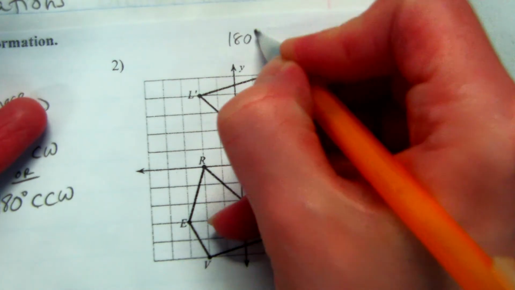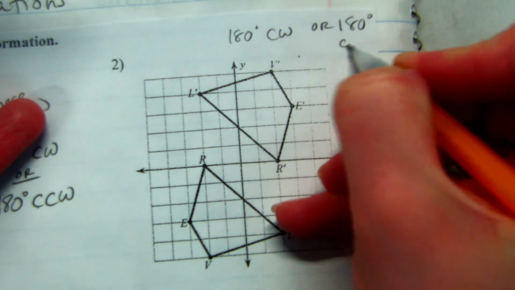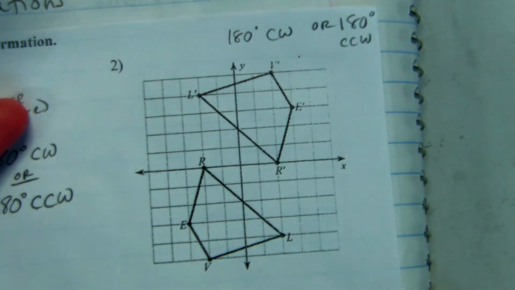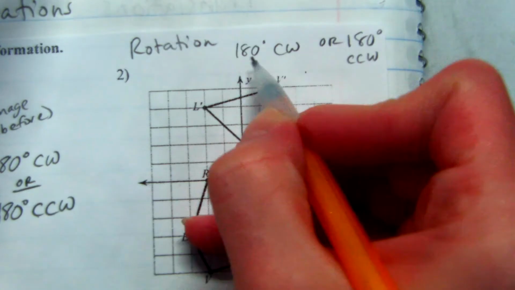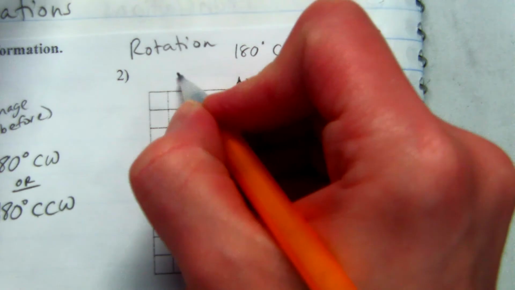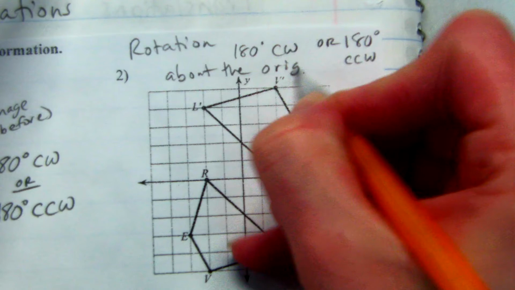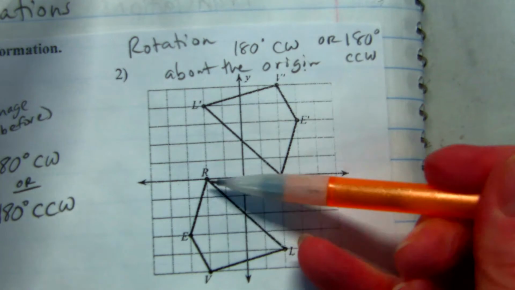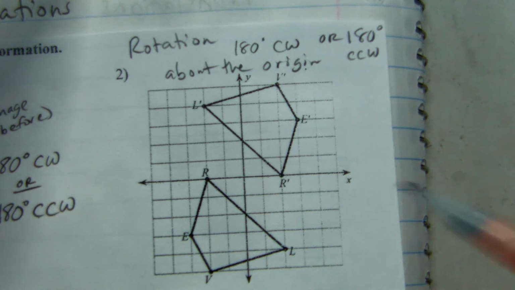So this could be 180 degrees clockwise or 180 degrees counterclockwise. And one other piece of information we should put on there, I should actually write that it's a rotation 180 degrees clockwise about the origin. If I rotated about point R or point L, you would get a very different picture.